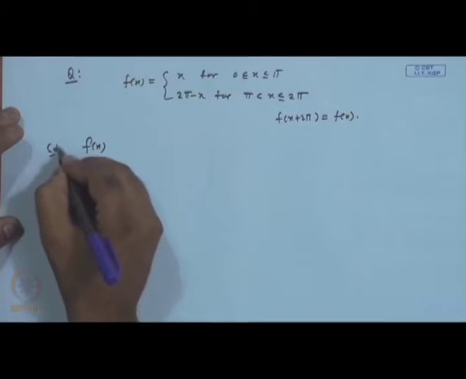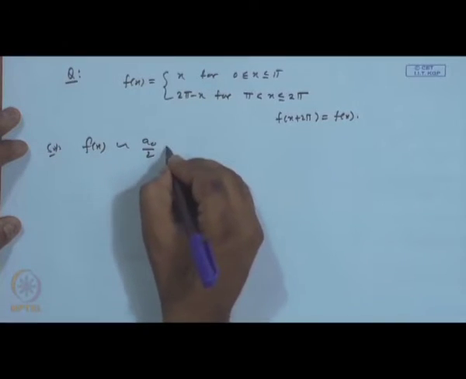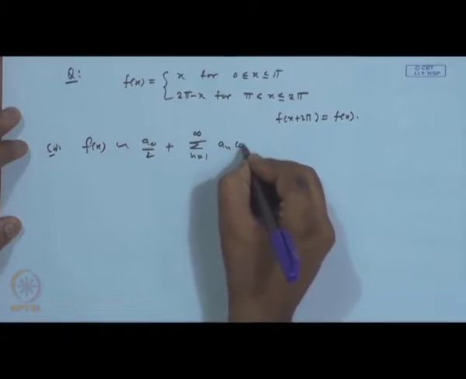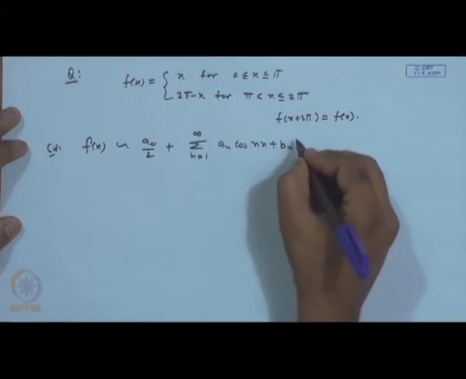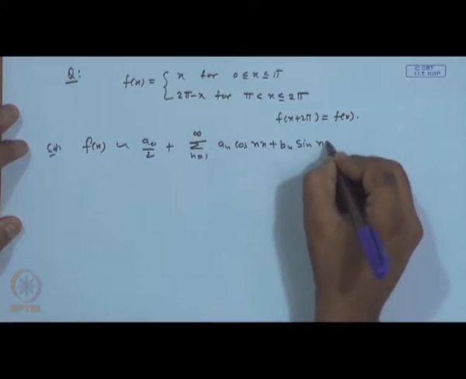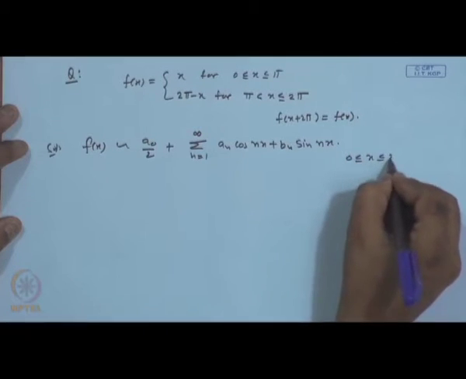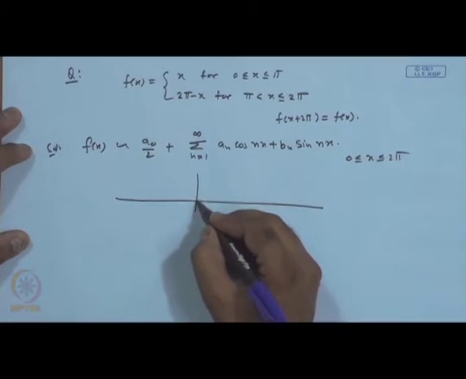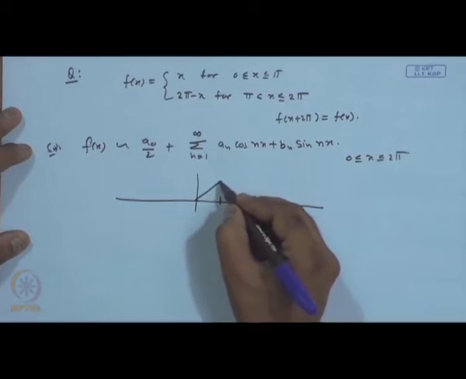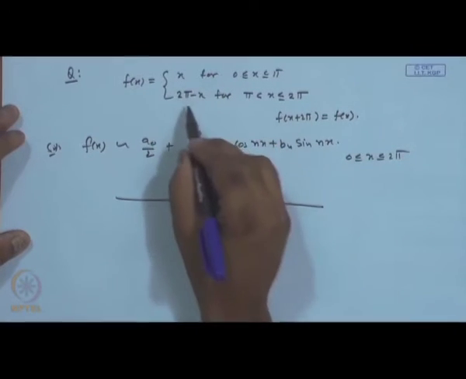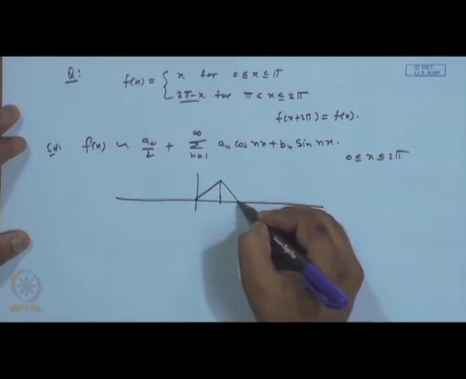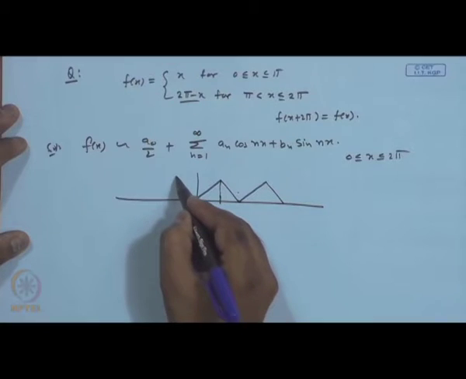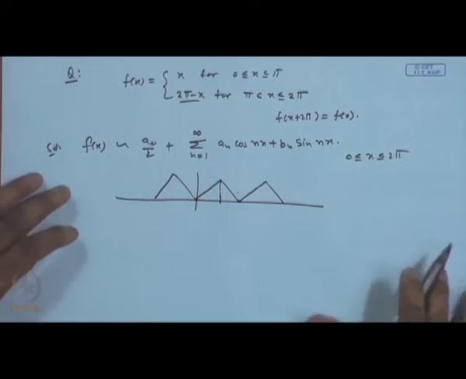So, the Fourier series will be given by a_0/2, and we have a standard period, so the sum from n = 1 to infinity of a_n cos nx plus b_n sin nx, for x from 0 to 2 pi. If we look at the graph of this function from 0 to pi, we have x and then 2 pi minus x, and again we continue with this period 2 pi.